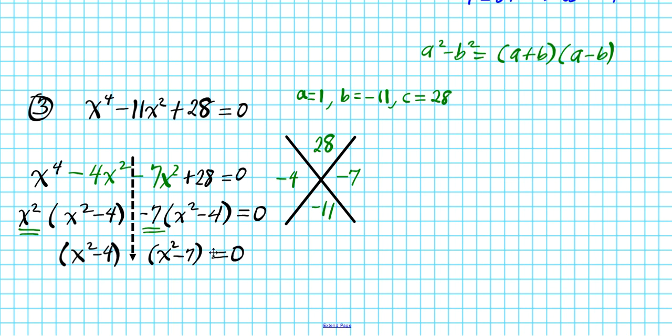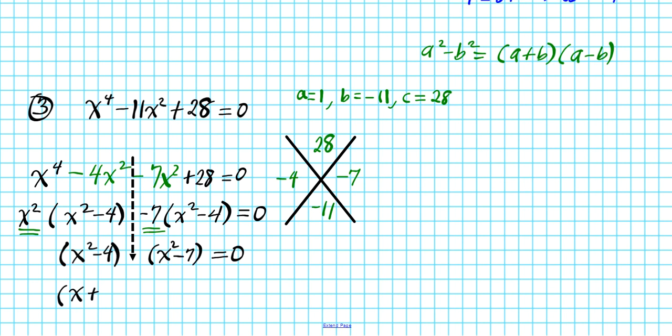Now the question is, can we factor any further? If you take a look at the first one, we can clearly see that that's a difference of squares. If we apply the difference of squares factorization technique, you root the first and the second and express it as a sum and a difference.